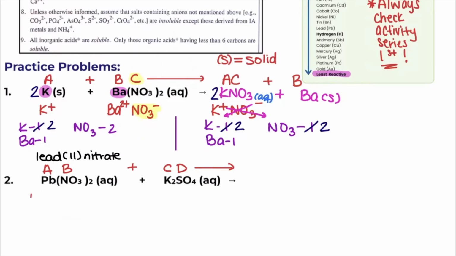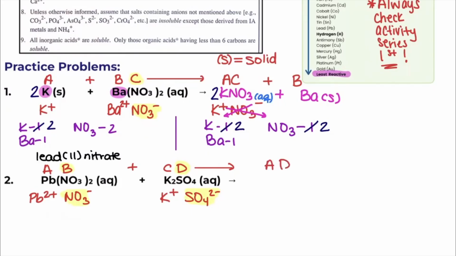Our A is Pb2+, and our B is NO3 with a -1 charge, our nitrate. C is potassium, or K+, and D is our sulfate, also known as SO4 with a -2 charge. This is, again, a type of polyatomic ion, specifically an oxyanion, and we can treat it as one when we're balancing. But anyways, so our B and our D will switch partners.